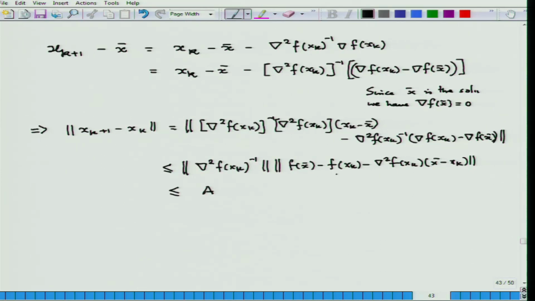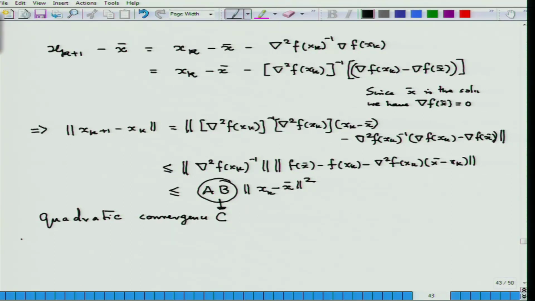So, a and this whole thing, because x is here now for k sufficiently large, can be written by definition as b times x k minus x bar whole square. So, a b is my constant c. Now, this is what is called the quadratic rate of convergence, because this is my constant c. So, I have got the form of quadratic convergence.